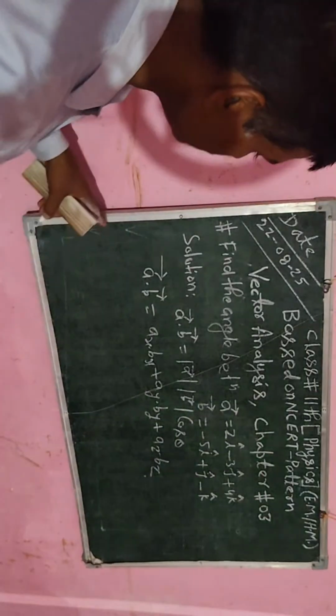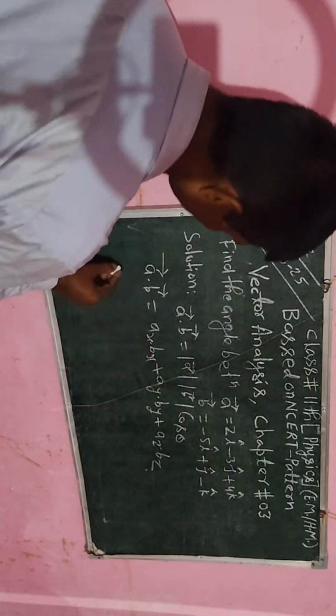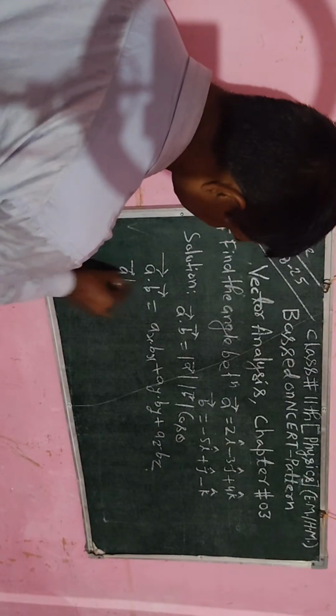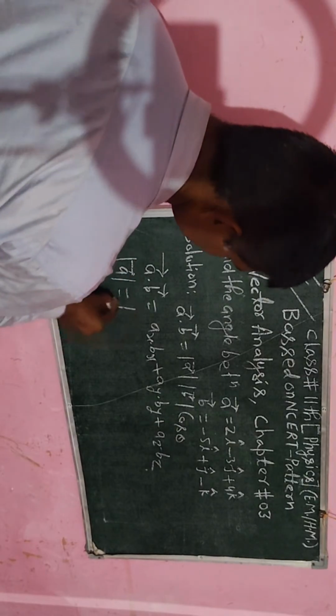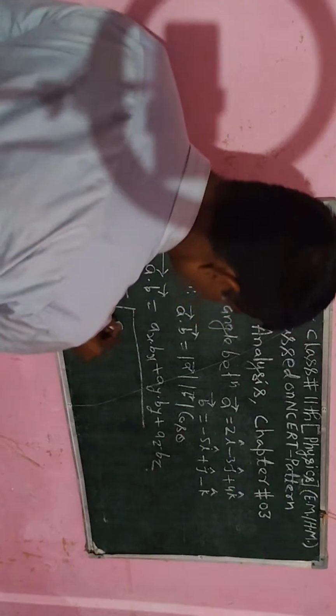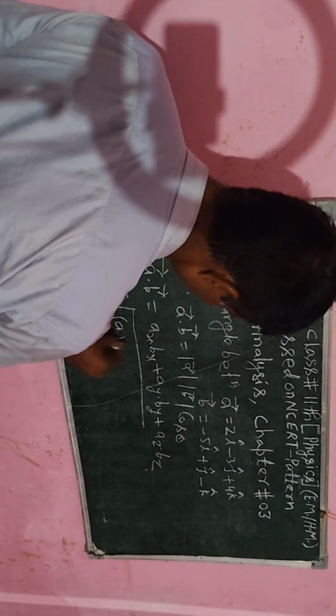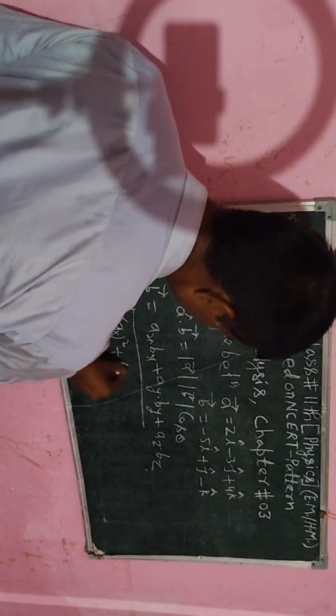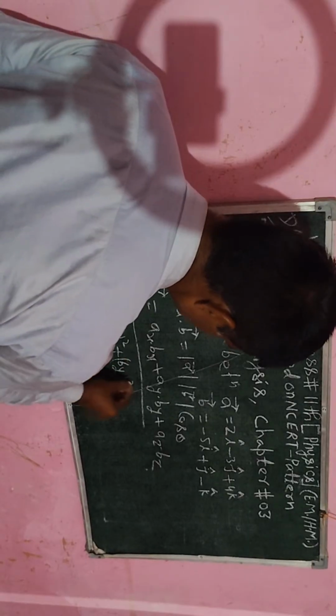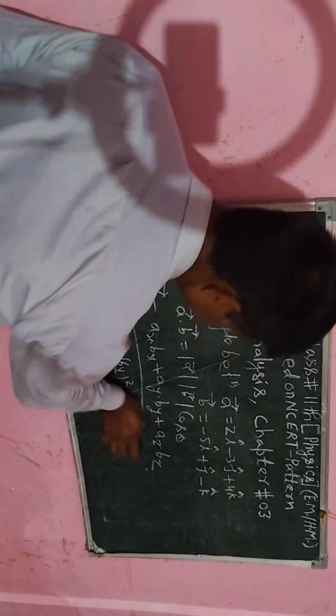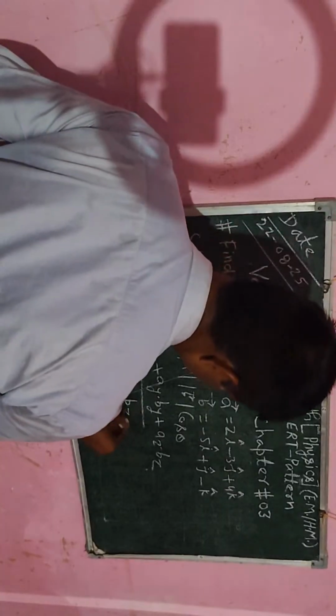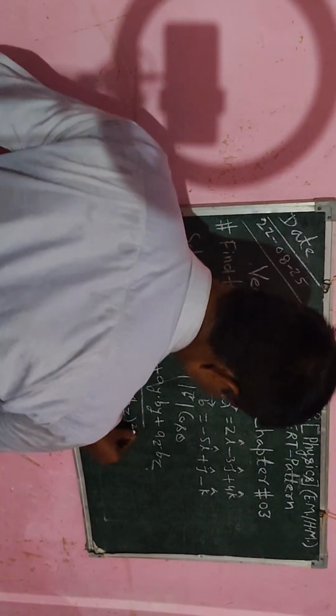Now the magnitude of vector A, each and every student knows properly, is written as square root of AX whole square plus AY whole square plus AZ whole square.